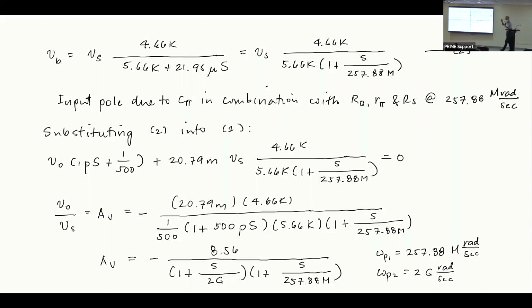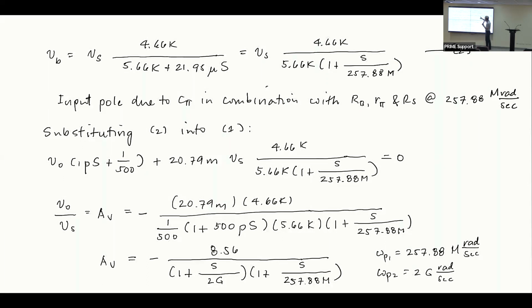Because we have a base capacitance, which is CPi. Remember CPi consists of two components, but never mind. Just know that there's a base capacitance. Because you had a base capacitance, you combine that with RB, RPi, and RS. Those are all of the resistors that are connected to that particular capacitance one way or another.